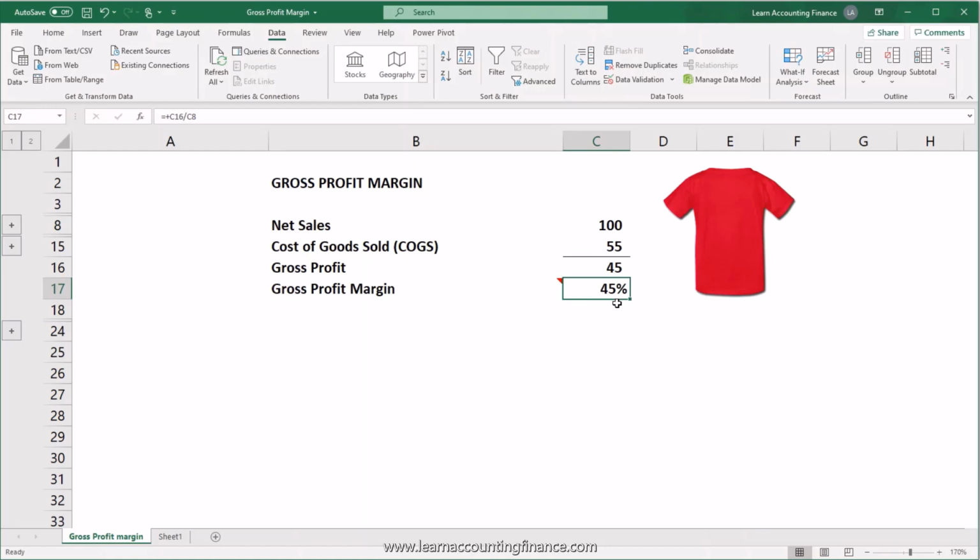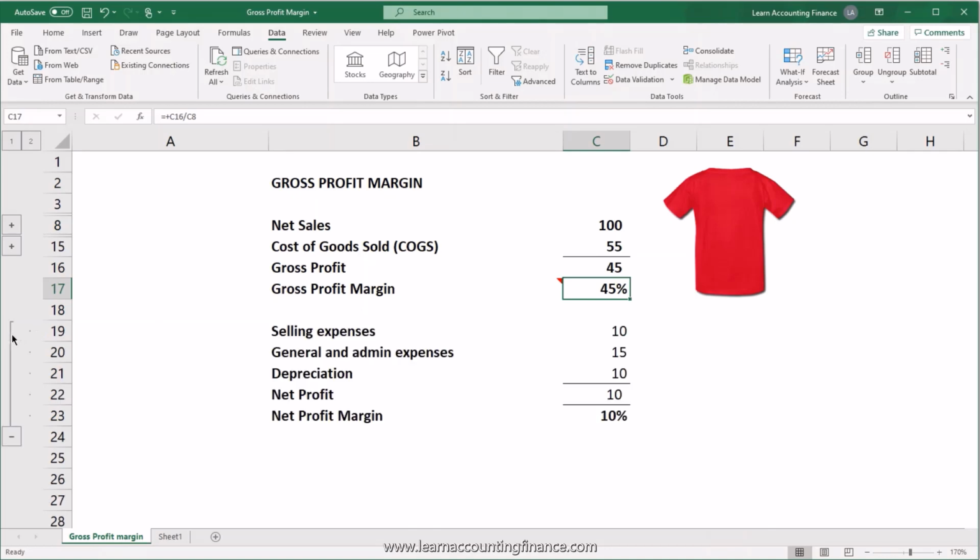What is important here is that gross profit is calculated by only considering your net sales or your sales price minus cost of goods sold. It does not consider other costs of your business. For example, if you have an office and you have employees, you probably have other expenses as well, such as selling expenses, general and admin expenses, depreciation.